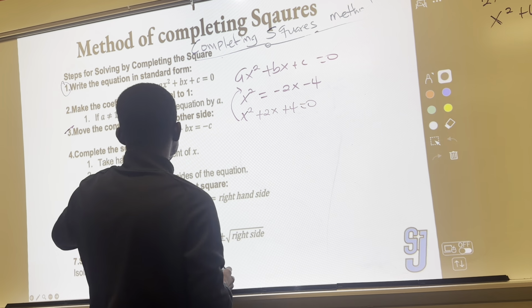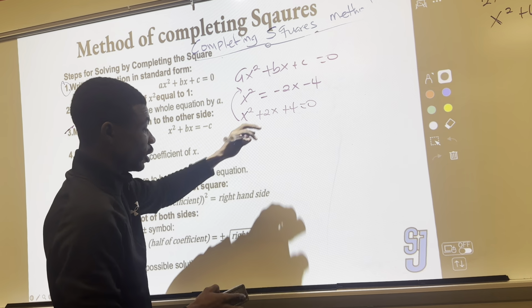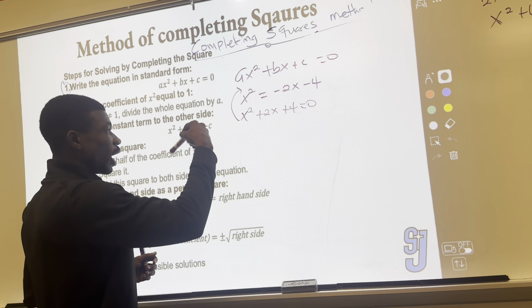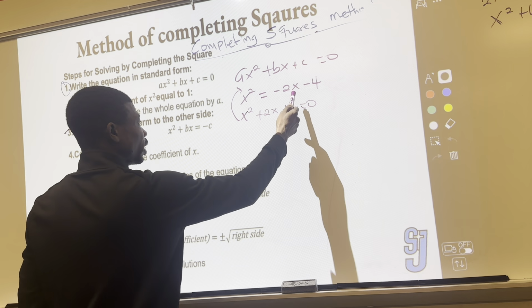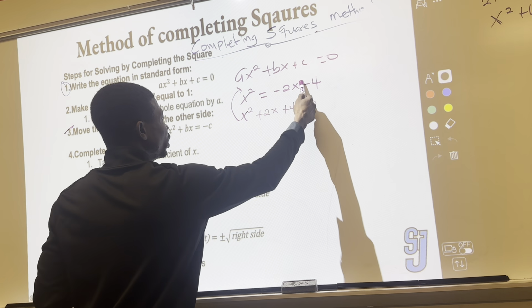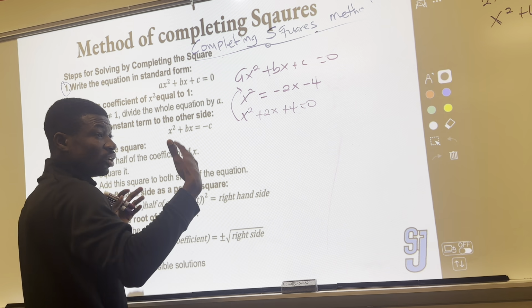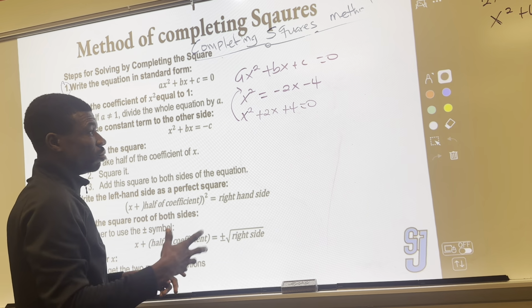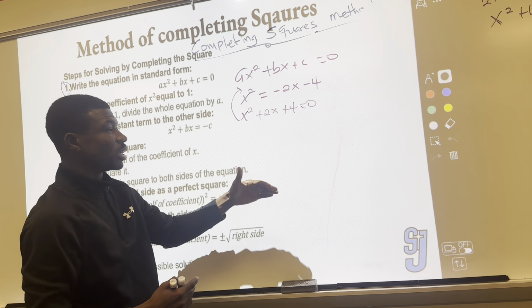At this point, somebody may see that there's no need even moving these constants, because at the end of the day, I'm still leaving the constants on the right side of the equation. But not everybody will see that, so that's why we're going systematically, step by step.